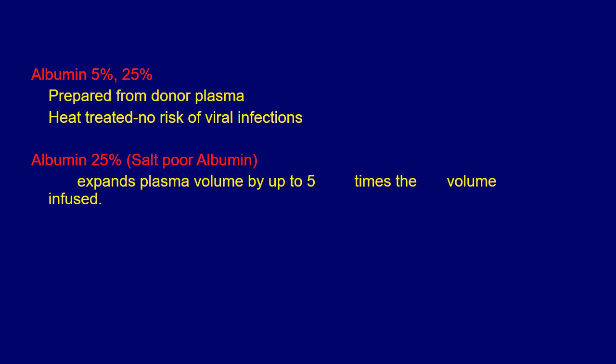And 25% albumin can expand plasma volume by up to about 5 times the volume infused. So, for instance, if 25% albumin 100 milliliters is infused, it can draw water into the intravascular compartment, and that itself will also stay in the intravascular compartment for a longer time, and can increase the volume maybe 4 or 5 times of that, roughly 400 to 500 milliliters.